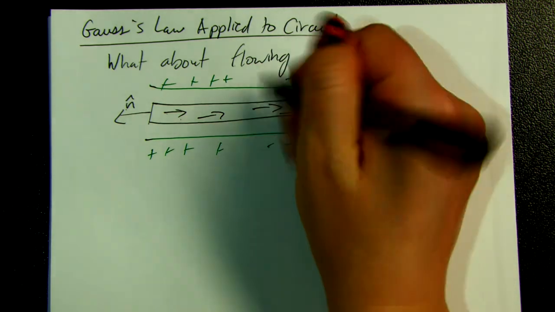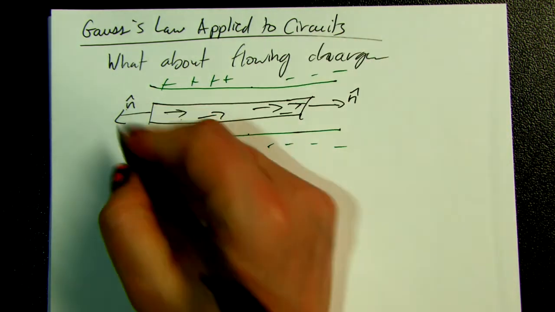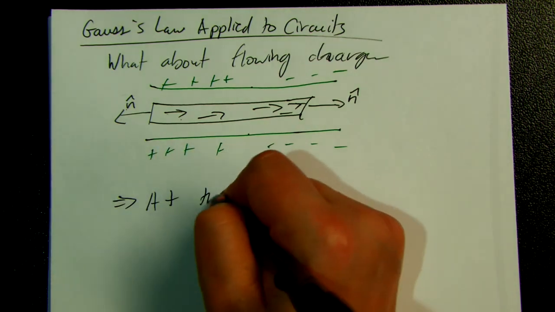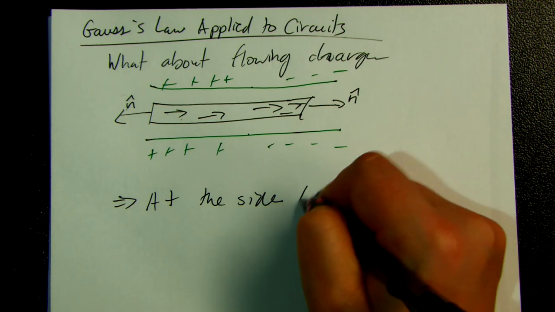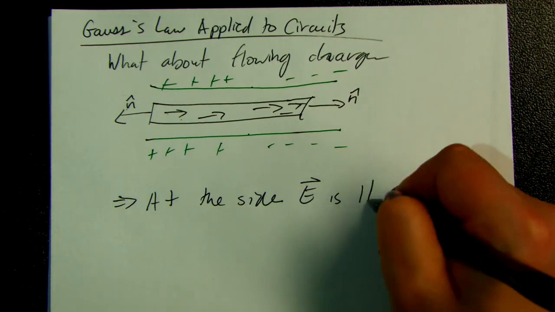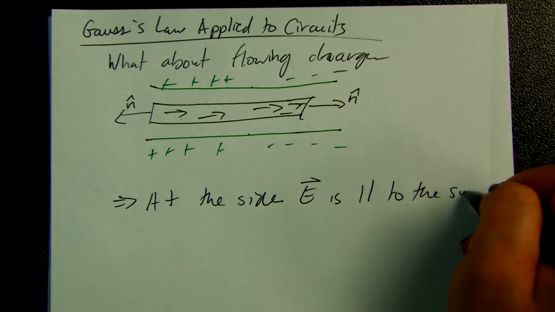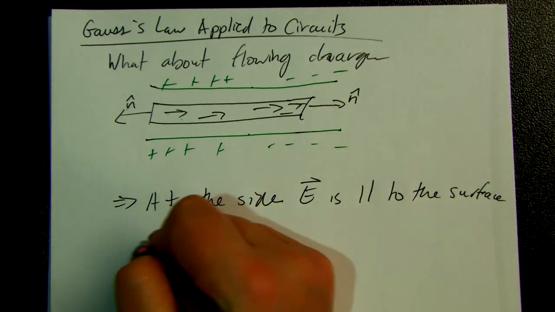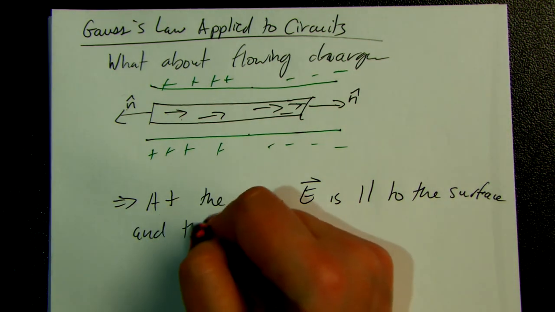So at the sides, here and here, E is parallel to the surface, and therefore flux is 0.